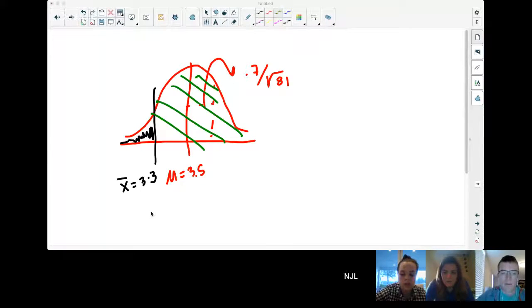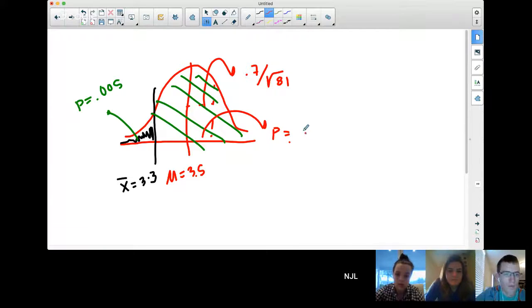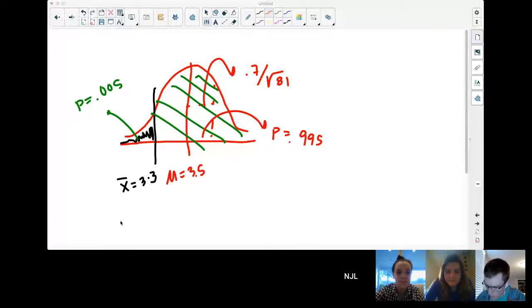Yeah, you can use the complement rule because you knew the bottom part was 0.005. This whole thing has to equal 1, so this has to have a probability of 0.995. Or you can go into your probability applet and just unshade the left and shade the area to the right, whatever works for you.